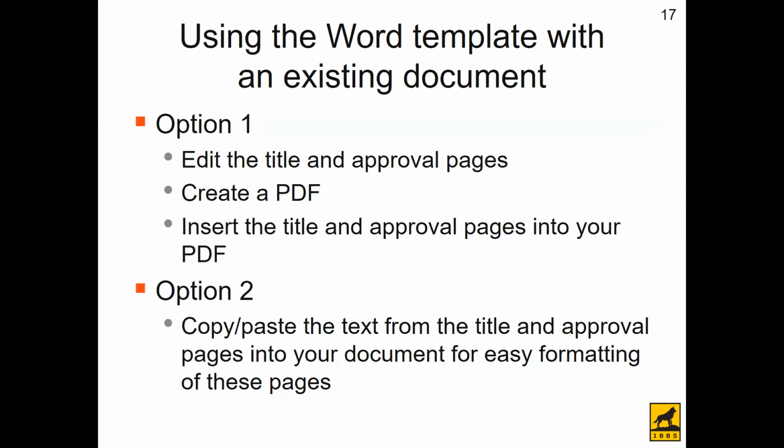Another option would be to just copy and paste the text from the title and approval pages into your document, and then those would be formatted appropriately, and you wouldn't need to make any additional changes to the rest of your document if you've already gone past the point of no return and you don't want to reformat a whole bunch of stuff.